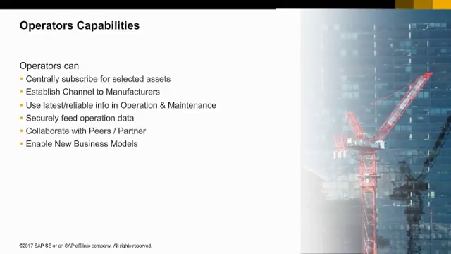For operators, AIN provides the ability to centrally subscribe for selected assets, establish a single channel to manufacturers and all business partners, use the latest up-to-date information to achieve a higher level of equipment effectiveness, securely feed operation data, collaborate with business partners, and enable new business models.